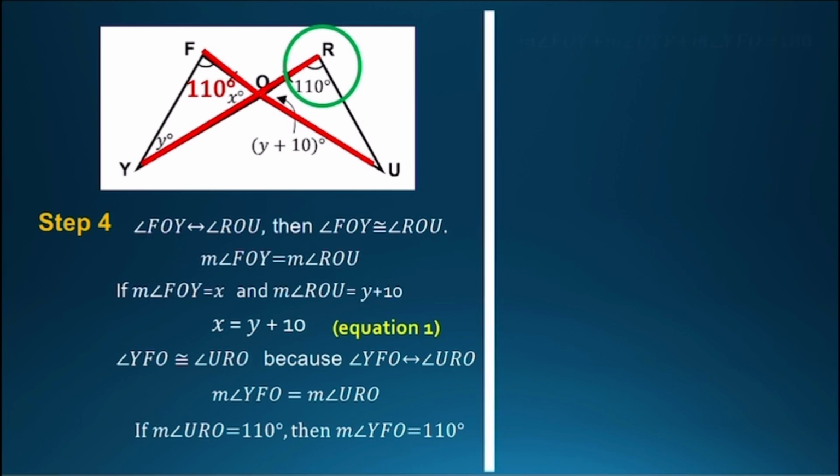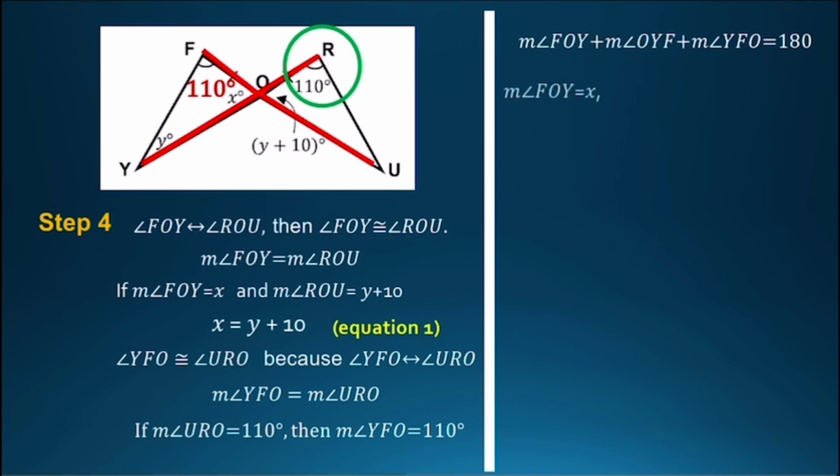Now, we add the angles of triangle FOY and equate it to 180. So we have the degree measure of angle FOY plus the degree measure of angle OYF plus the degree measure of angle YFO is equal to 180.